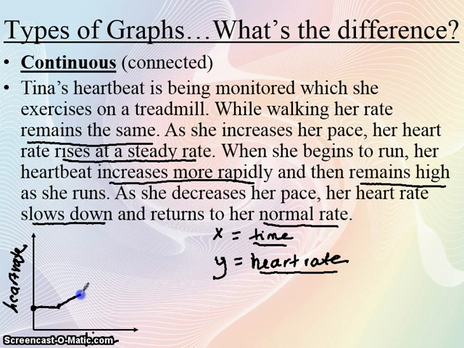But then as she started running, it increased more rapidly, so we get a steeper line, remained high while she ran, and then slowed down to her normal rate. This graph will be continuous because heart rate and time are always occurring, and this is how her heart rate changed while she exercised.